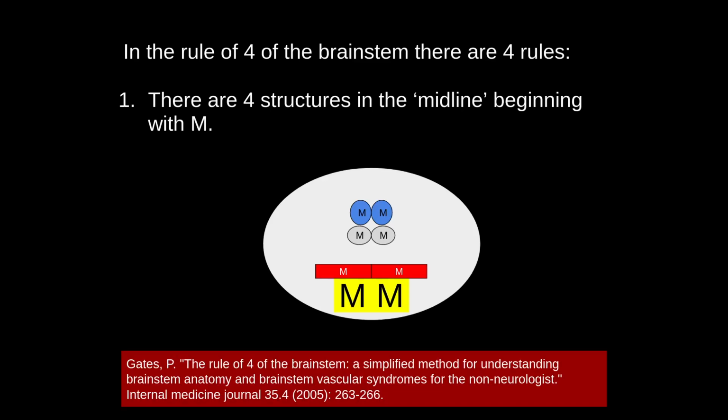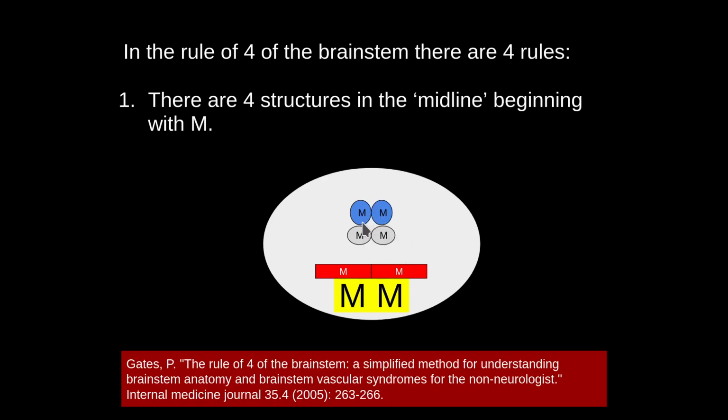So rule number 1, in the midline, so letter M, there are 4 structures. I have color-coded them as such. You have this blue, this grayish one here, red, and yellow. Just for mnemonics, and for Dr. Pascual's modification of this, yellow stands for motor fibers, and red stands for sensory, anything to do with sensation.